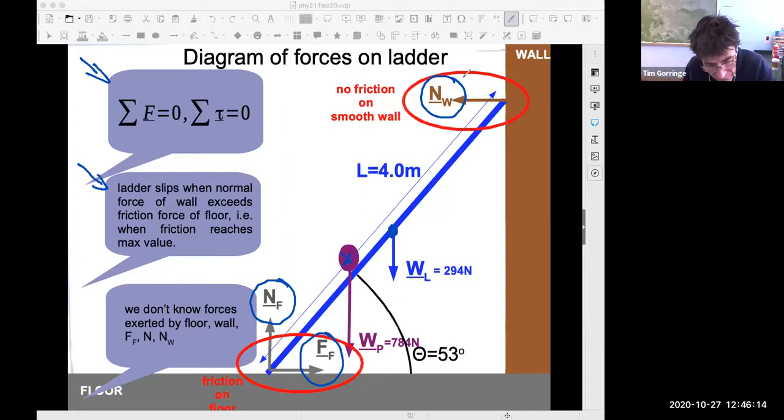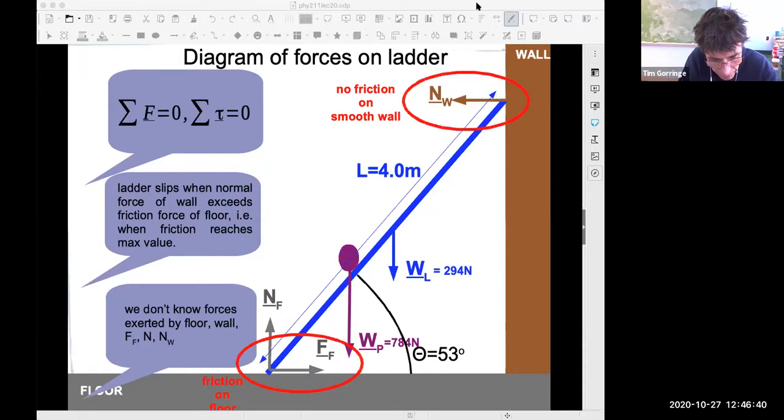So when this one exceeds this one, that's when the ladder will fall. That's what we've got to figure out. And actually what we're going to do is focus on that moment when they're exactly equal to solve this problem, when the frictional force and the normal force of the wall are the same. Okay, so that's a good picture of the forces.